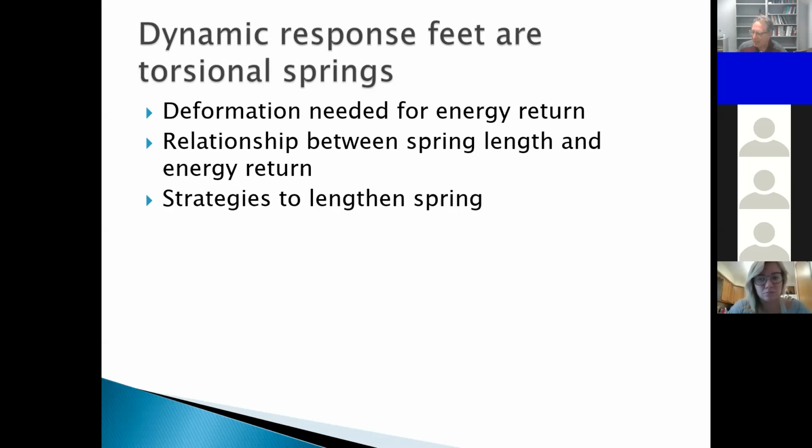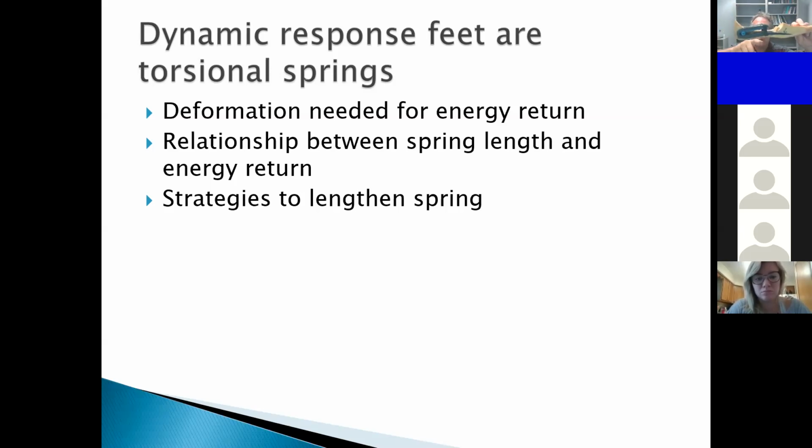And so what we need to have, and this is really interesting, if we want energy return and we don't have much space, is strategies to have more spring in a small space. So for example, look again at the keel of this prosthetic foot.